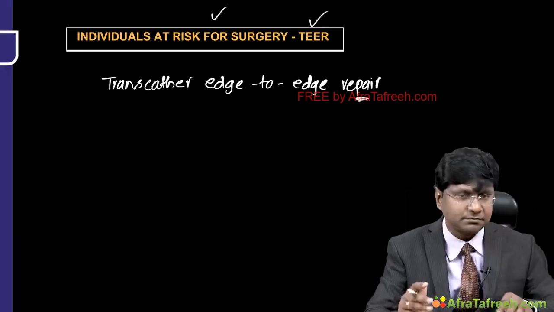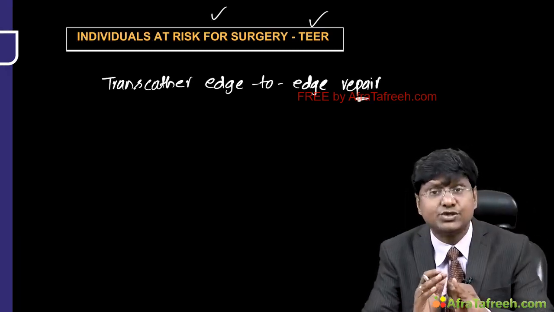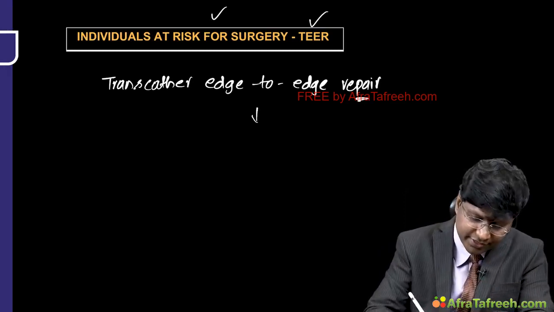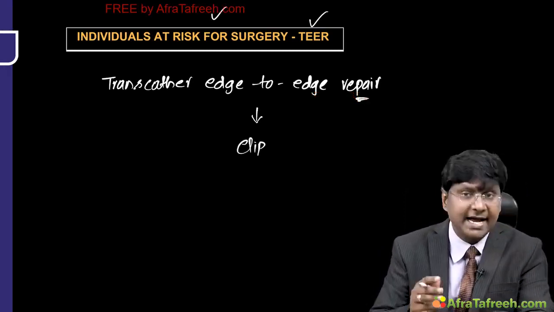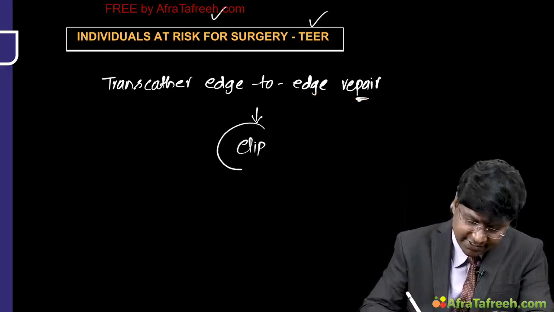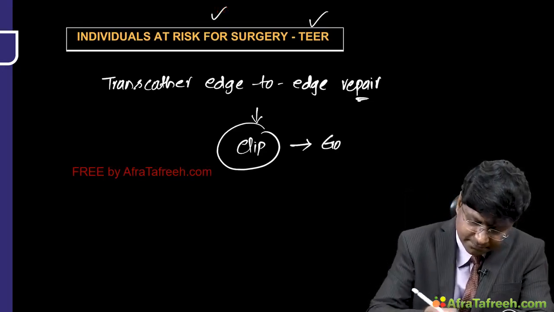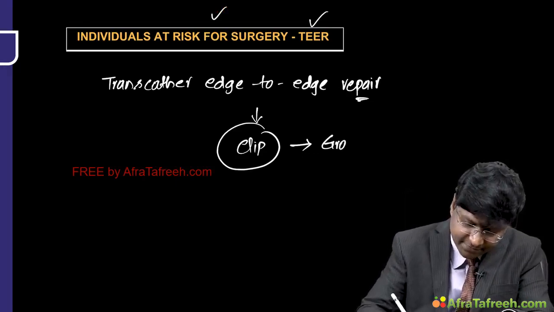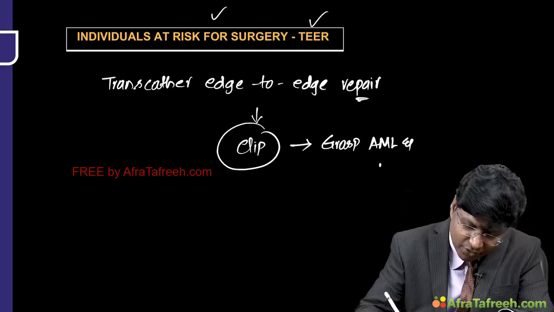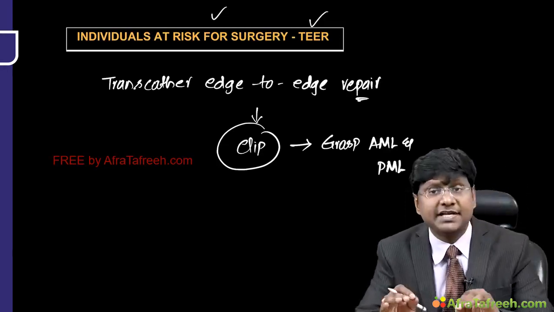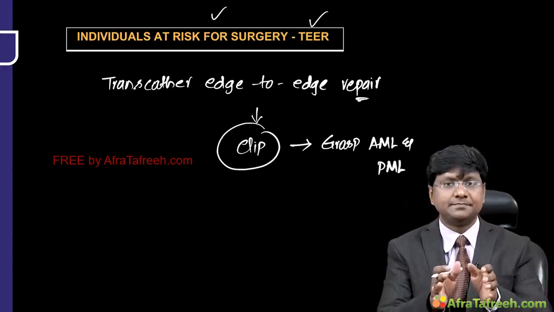So here, in this transcatheter edge to edge repair, we use a clip, and this particular clip will grasp the anterior mitral leaflet and also the posterior mitral leaflet together, right?